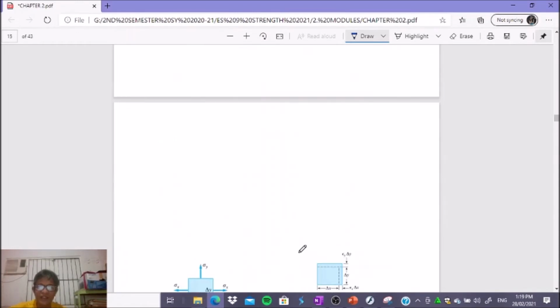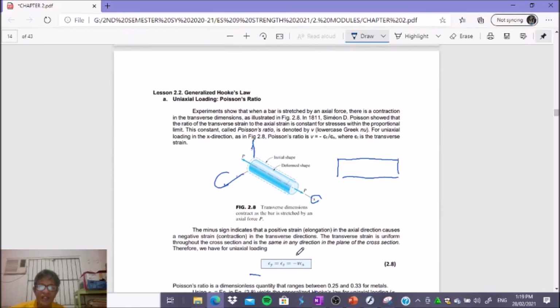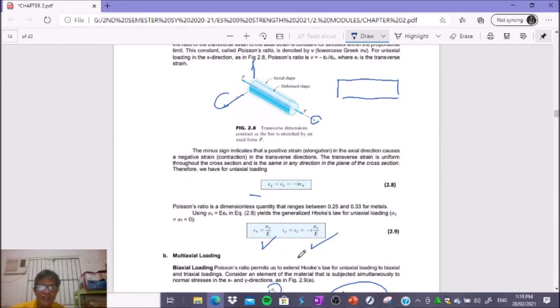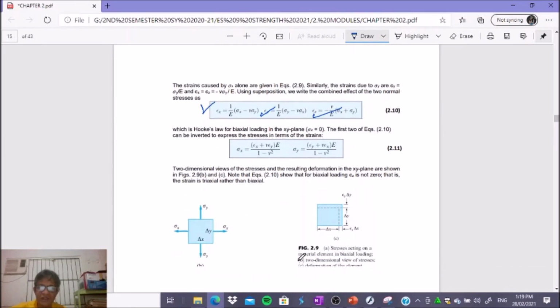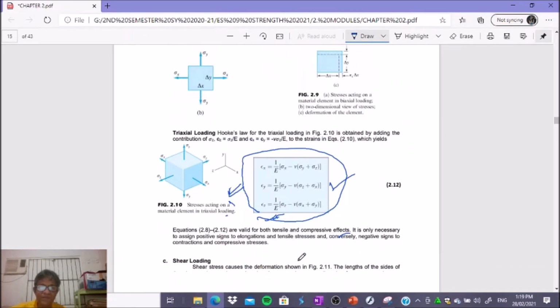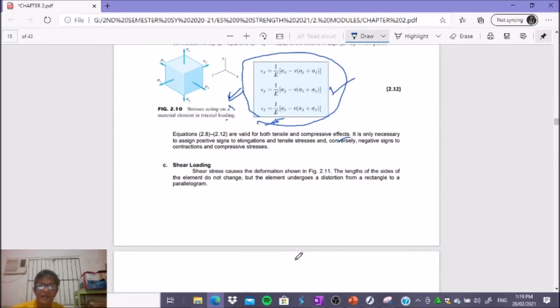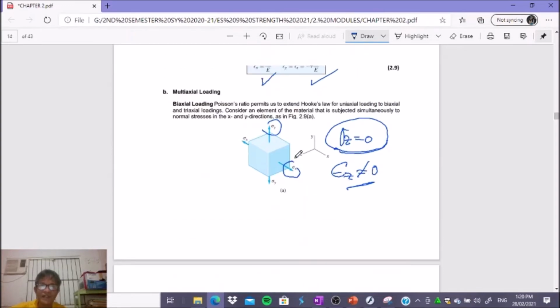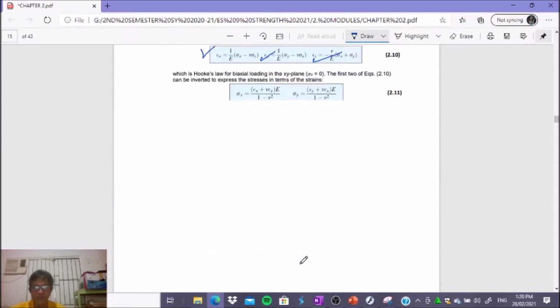And, by the way, kanina, yung relation ng E sa V. Saan yan? Wala pa dito, anyway, hindi nakalagay dito sa module.